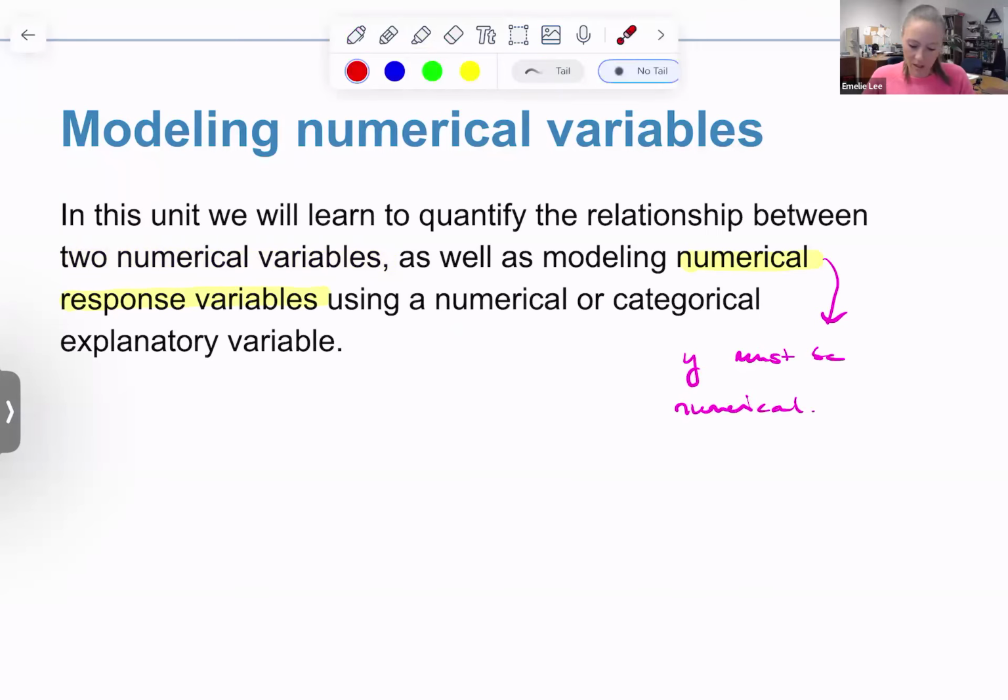Most often, x is also numerical, but it's allowed to be categorical, and we'll see that. But we're going to focus on numerical response variables. And I will say on the final exam, it will be numerical as well, because the categorical variables are a little bit hard to read sometimes. Takes practice.